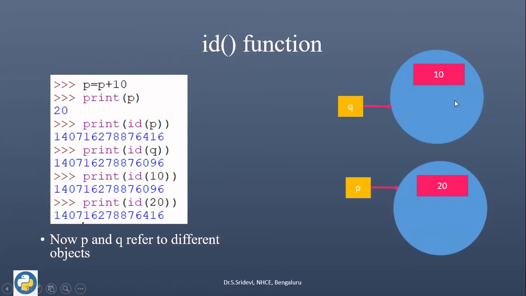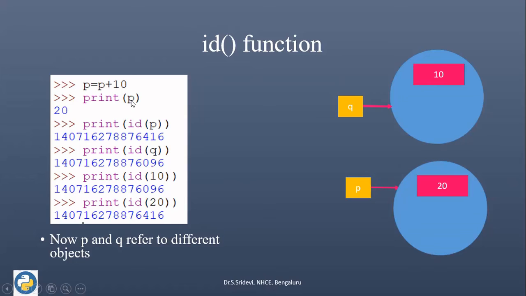But we have only 10 here, we don't have 20. So at this point, the object for the value 20 will be created, and then the reference p will point to this new object. In the previous case, it was pointing to the old value 10, but since we are adding 10 to it, a new object with value 20 is created, and p is now referring to it.